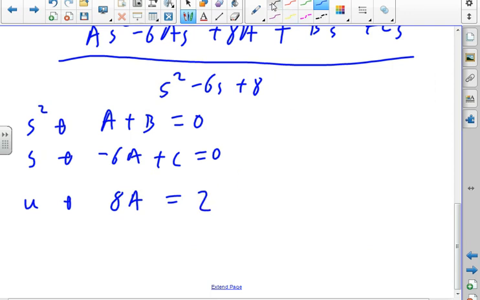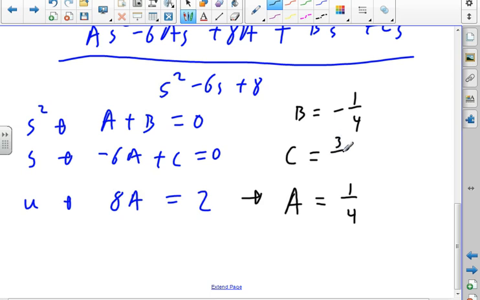Oh, excellent. So now we have that a is 1/4. And if a is 1/4, then b has to be minus 1/4. And that means that c has to be plus 6/4, which is 3/2. Okay, did I do that right? Oh, I hope so.